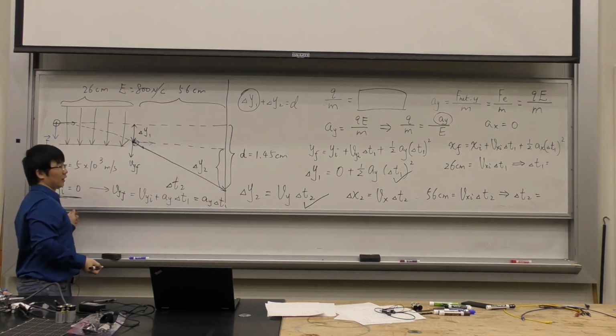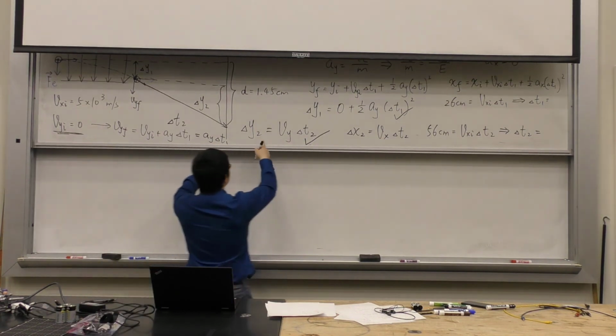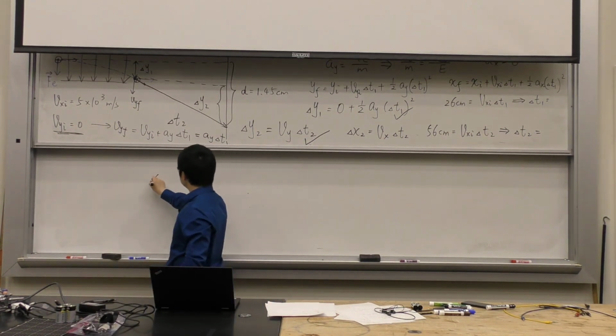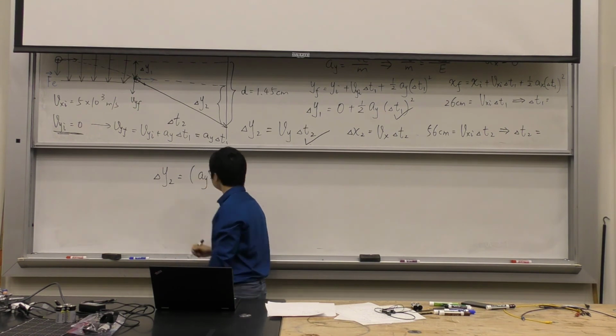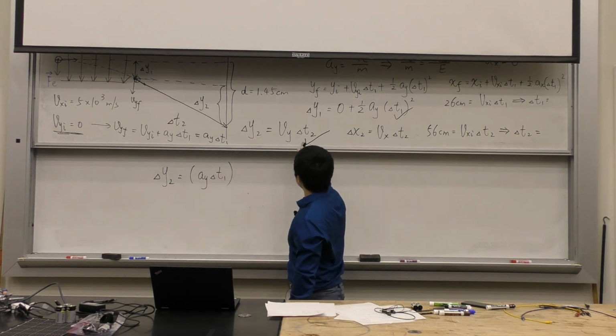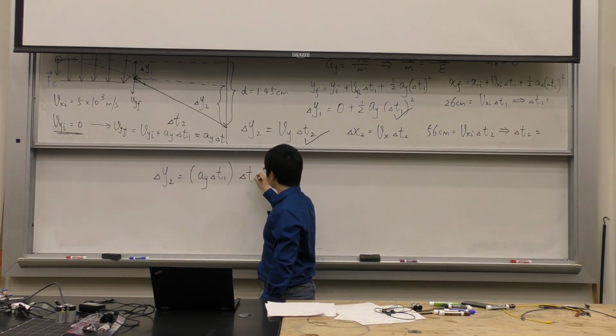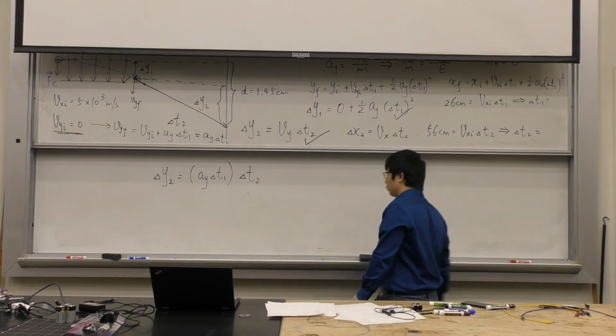Okay, so let's see what we get. So this delta y2, I'm going to rewrite it here. Delta y2 equals this Vy, which is what I just found, Ay times delta t1, times delta t2. So that's the complete expression for delta y2.